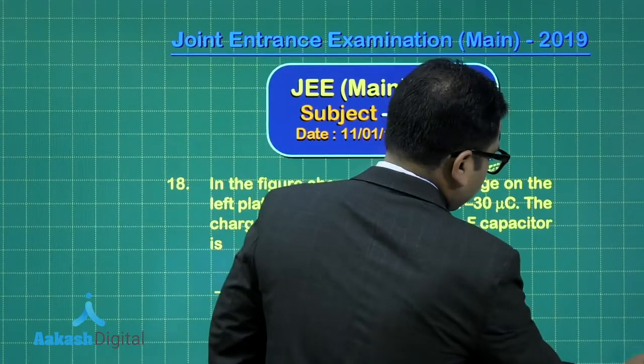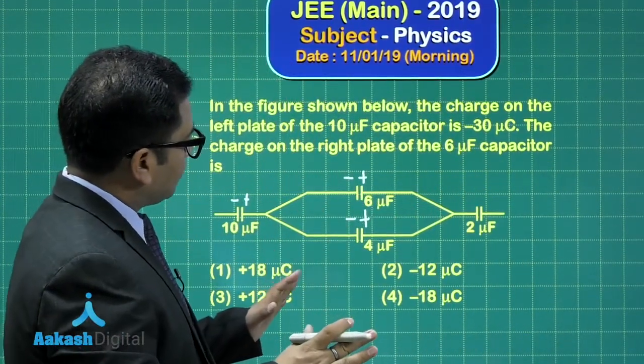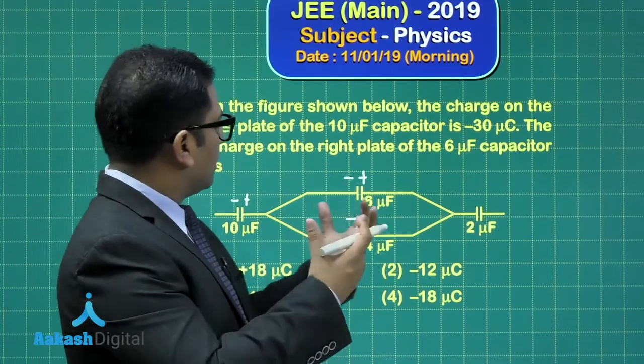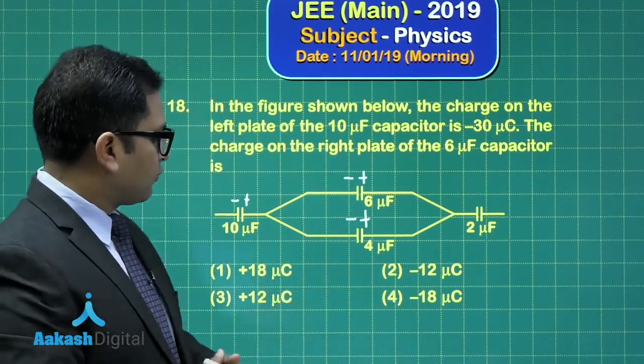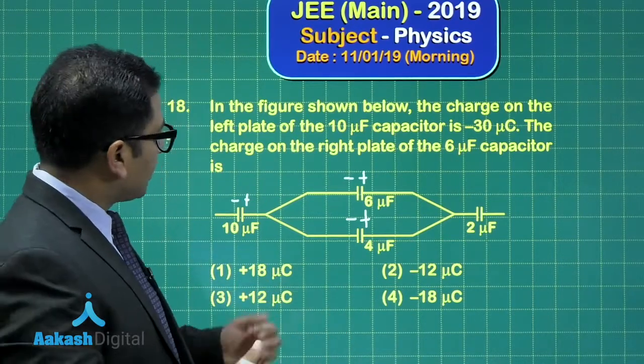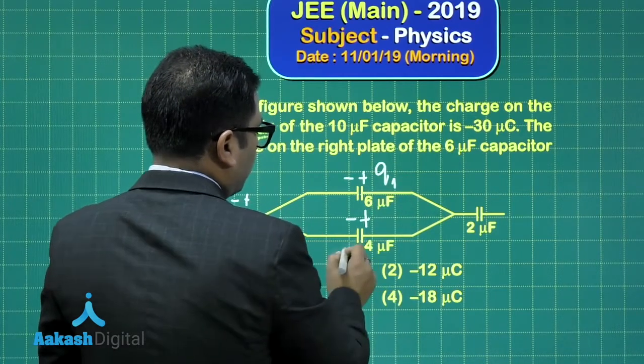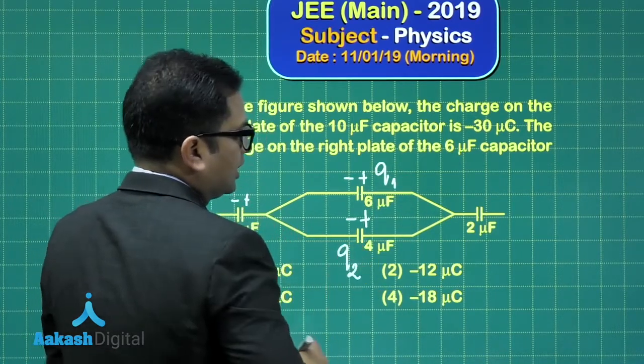And now let's try to calculate it. When I calculate this, one thing is very true, that the charge on the right plate is going to be a positive one. So these two options would be eliminated. Coming forward, if I want to calculate it, let me call this charge Q1 and this charge Q2.